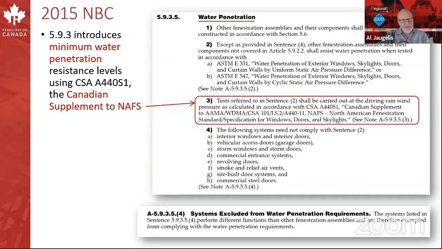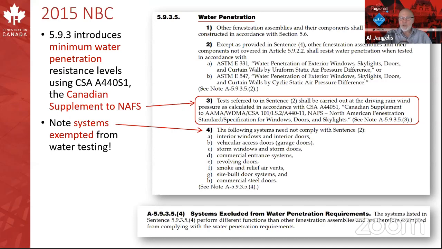So we use that same method as we use with the products in the scope of NAFS, and the code tells us use that for everything. If it's curtain wall, use it. If it's window wall, use it. If it's a sliding door, use it. Sliding balcony door, if it's a window wall, that's what you're using for your driving rain wind pressure resistance.